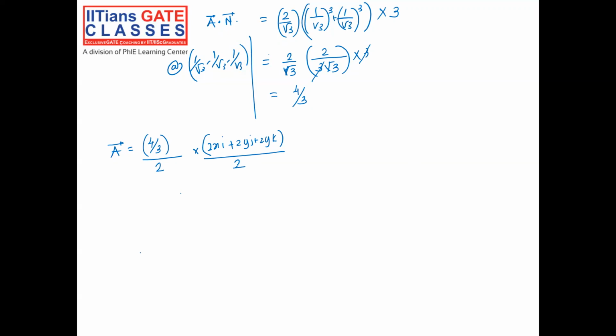In this case, this is 2 multiplied by 4, and it will get cancelled out with this 4. From this numerator part, we can take 2 outside. So it's 2 by 3 times xi plus yj plus zk. This is our A bar.